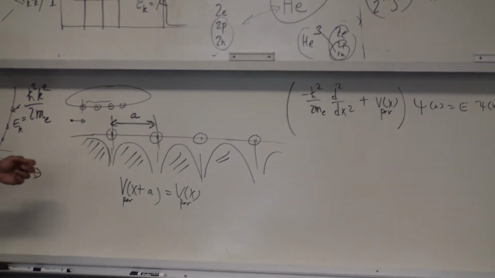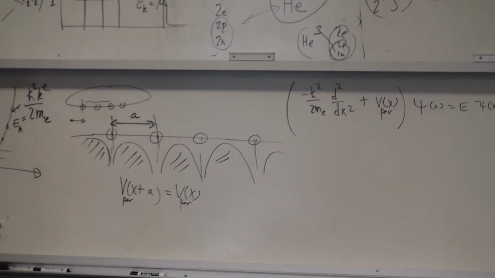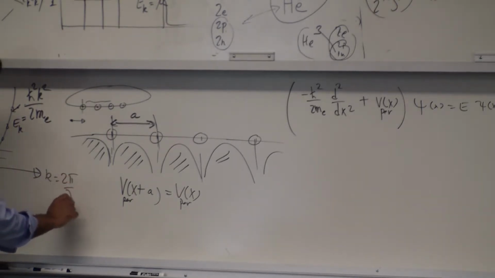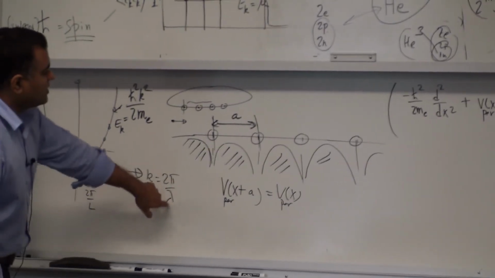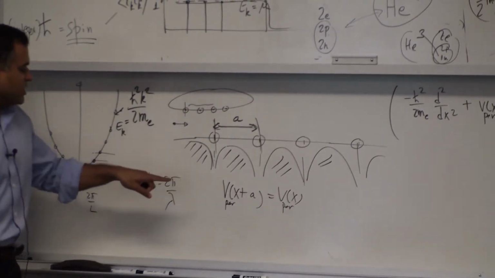And so you know that in this free particle picture, k is 2 pi over the wavelength. For wavelengths of the order of the lattice constant, there will be a precise relation.